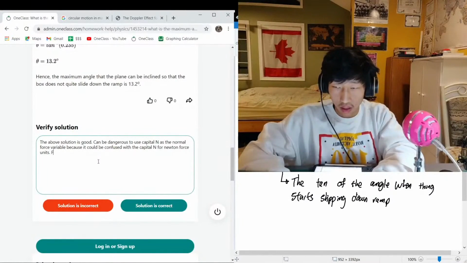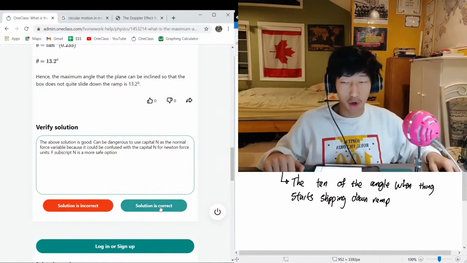F subscript N is a safer option. Okay, cool, awesome.